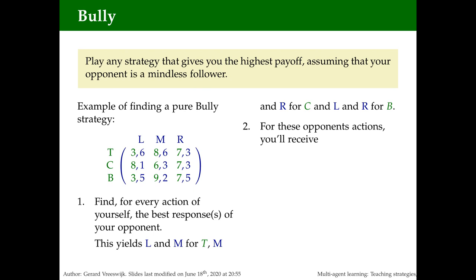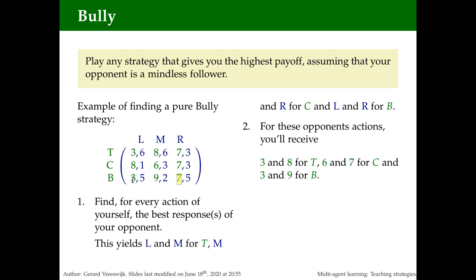Then you compute what you will receive for these opponent's actions, and you will receive 3 and 8 for left and middle. You will receive 6 and 7 for middle and right, and you will receive 3 and 7 if you play bottom throughout and your opponent is a follower.